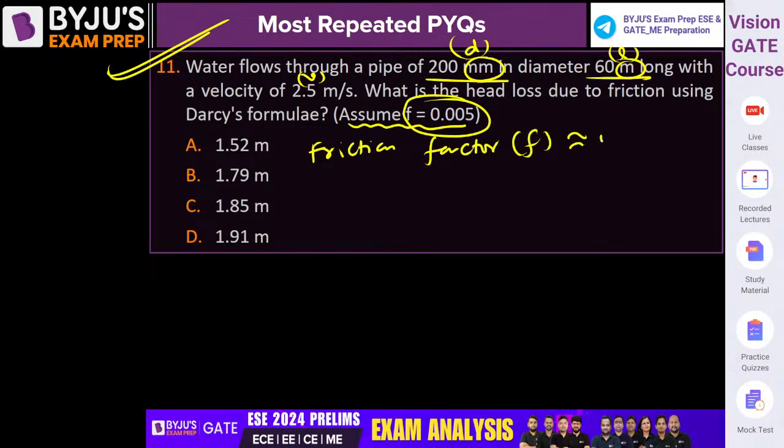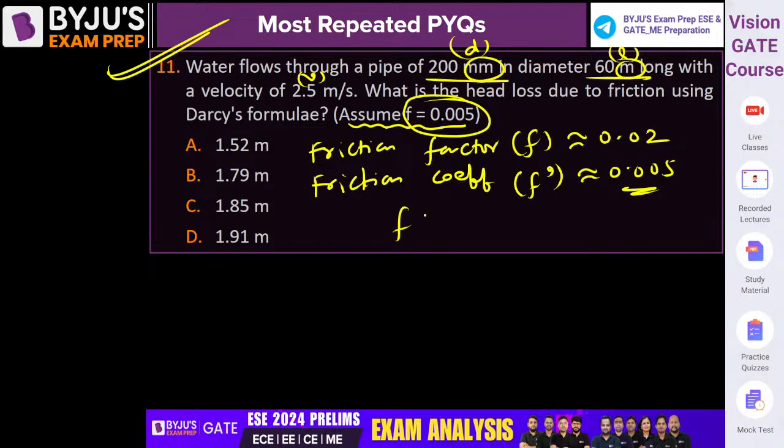F is around 0.02 or 0.032, and there is another parameter that is called friction coefficient. We use the notation F dash, is around 0.005. It is very less. So friction factor is equal to 4 times of friction coefficient.